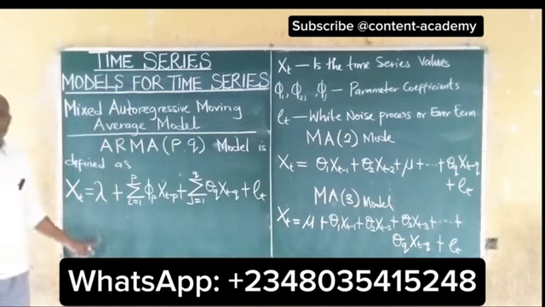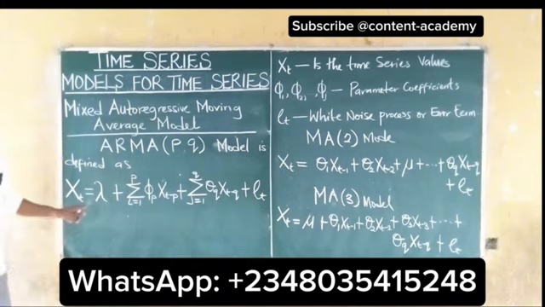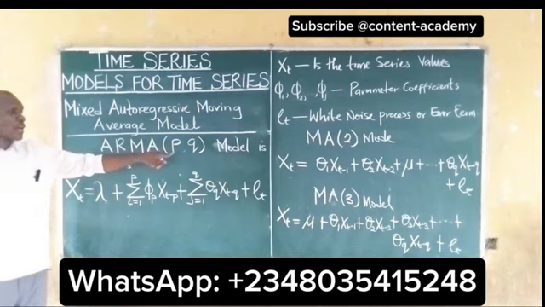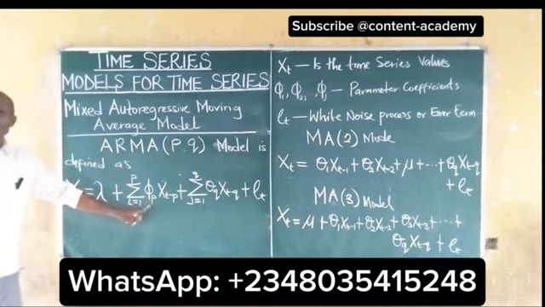So this is what we get if we want to write the model for the auto-regressive moving average. So the ARMA model of order p, q is this.